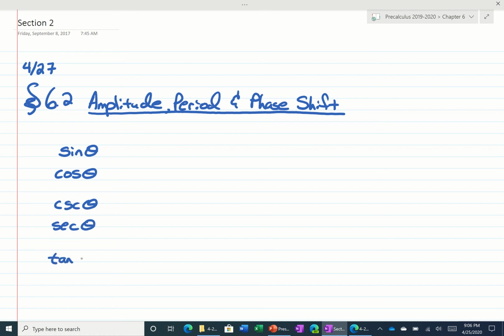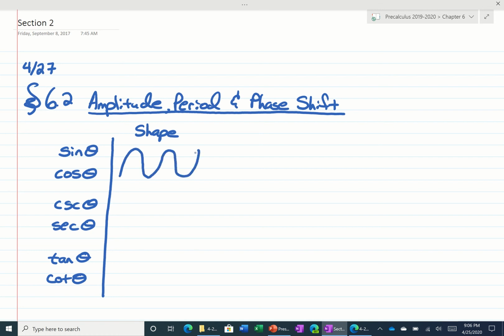And tangent and cotangent are similar. We could group them by shape. Sine and cosine look like waves. The way we figure out what the graph looks like is we use a calculator. We plug in different values every 90 degrees, or even shorter than that, until we get what the shape of the graph looks like.